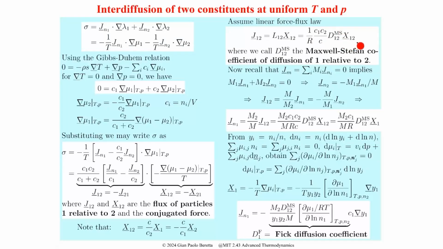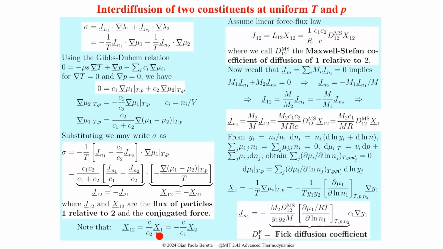The other aspect is that here you notice that you can prove that the x12 can also be written, by virtue of the Gibbs-Duhem relation, in terms of just one gradient.